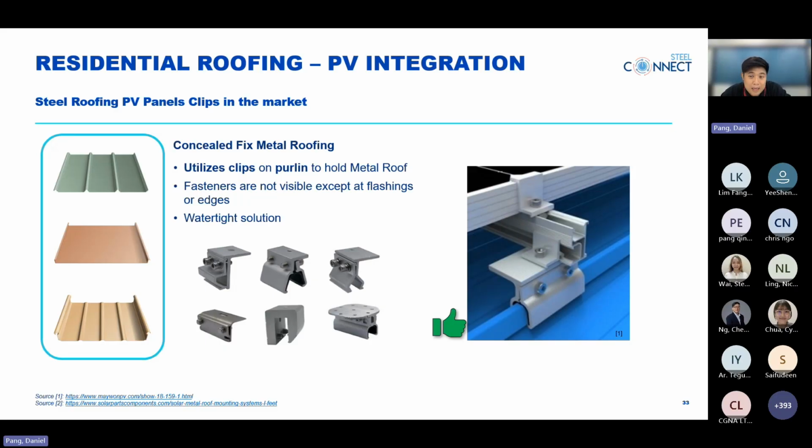With this type of profile, there are many brackets available in the market by PV suppliers, and they can cater to various designs of steel roofing to create a watertight solution. Whenever you use this type of profile, do remember there are always solar bracket suppliers for this.